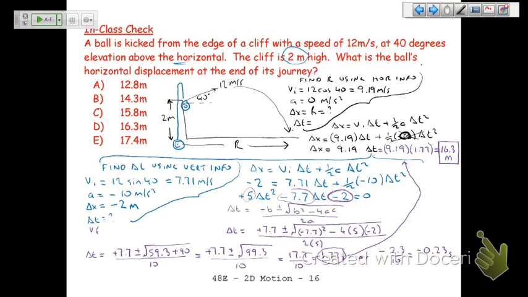In the end, you've got to find your delta t. But you can find your delta t using a quadratic on the vertical information, or you can find VF on the vertical information and then find your delta t using two physics equations rather than one mathematical equation. Frankly, I'll find that some semesters pretty well everybody's doing the quadratic way, and other semesters everybody's doing the VF and delta t way. But they both work. You just got to make your choice and do what you need to do.